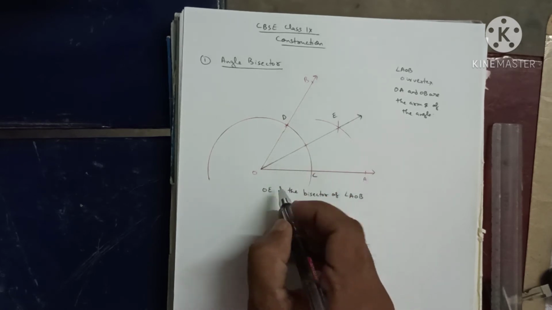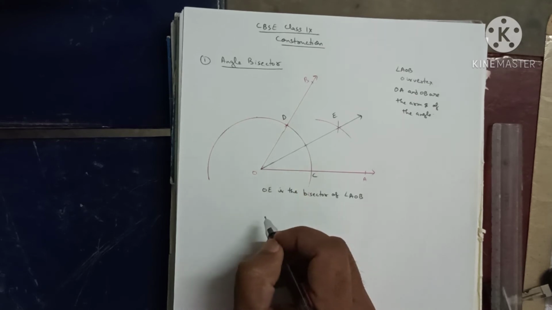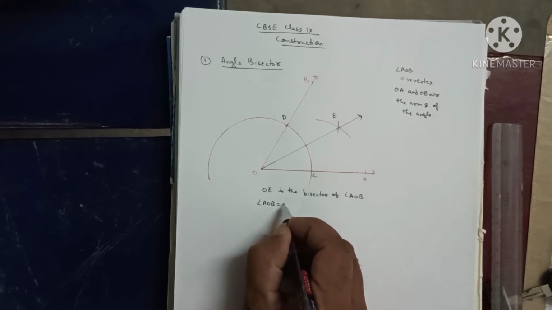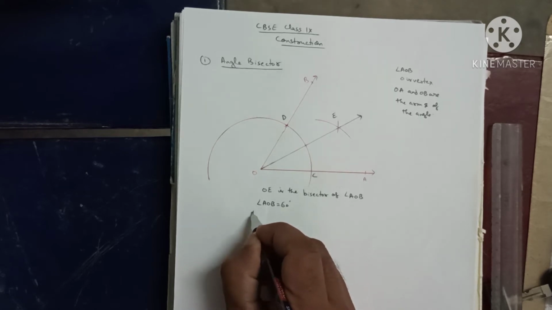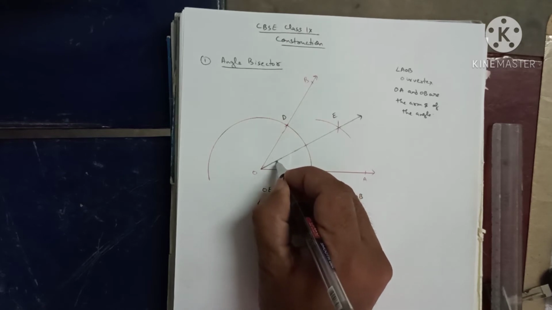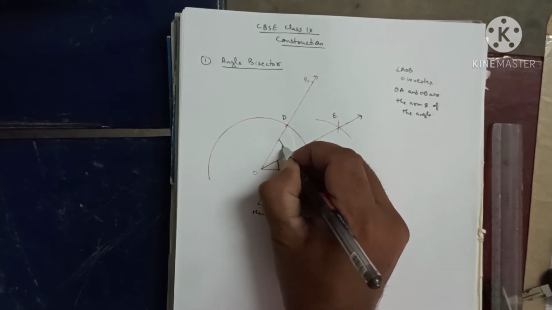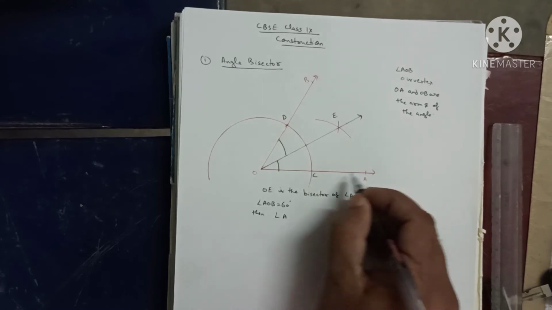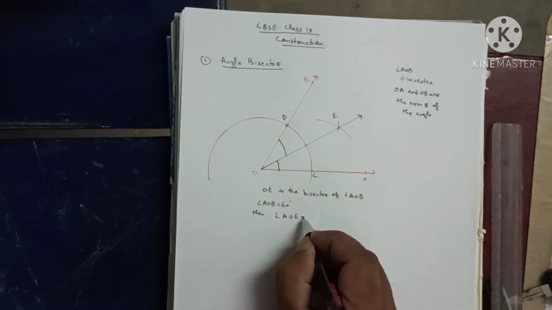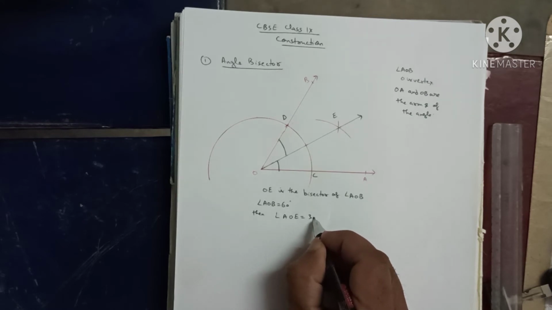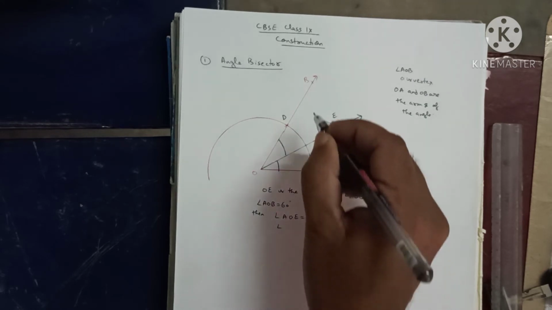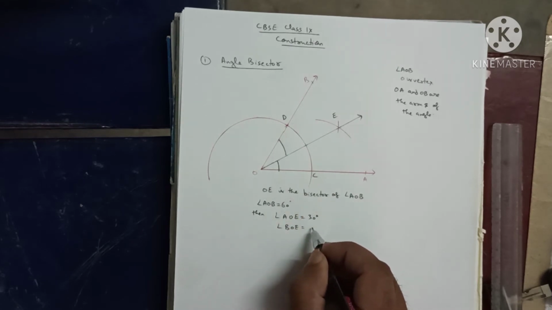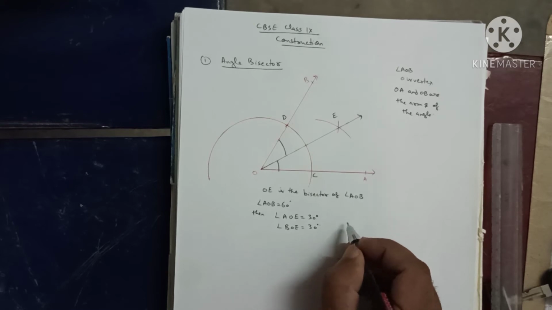Like in this case, if the measure of angle AOB is equal to 60 degrees, then this angle AOE will be half of 60, that is 30 degrees, and angle BOE is also half of 60, that is 30 degrees.